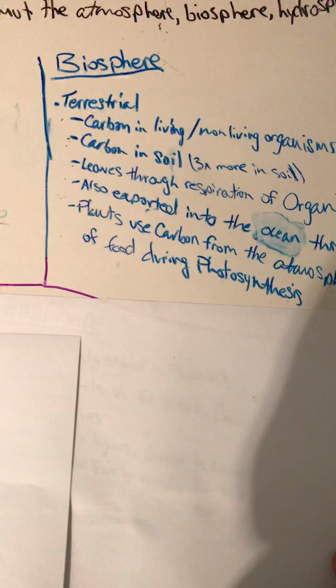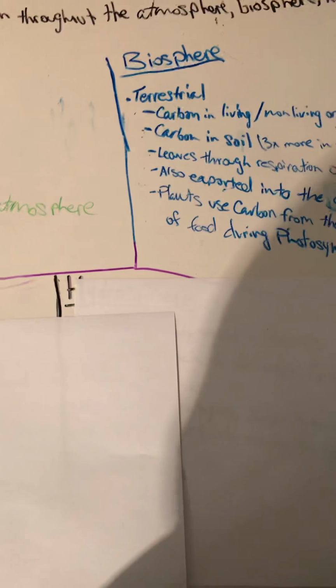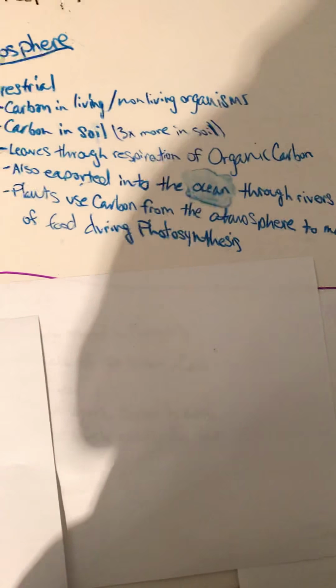Plants use carbon from the atmosphere to make the building blocks of food during photosynthesis. This ties into how the atmosphere and the biosphere interact, because the plants pull the carbon from the atmosphere and use it in the biosphere, where they are located, to make their food.